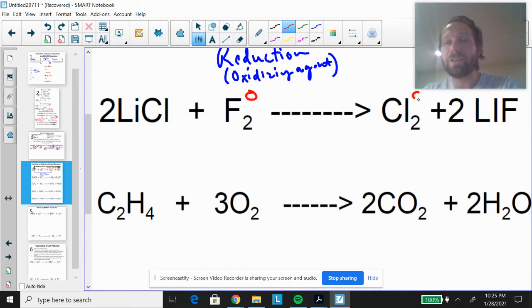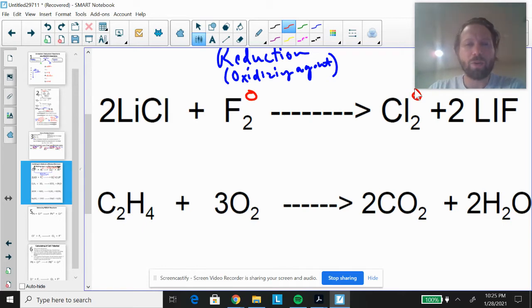The rule is that those are 0 charges because they're by themselves and no charge was given to you, so you can assume that is a 0 charge. The next ones might be a little more tricky, as lithium, chlorine, and then over here, LiF. That I should be lowercase, by the way.